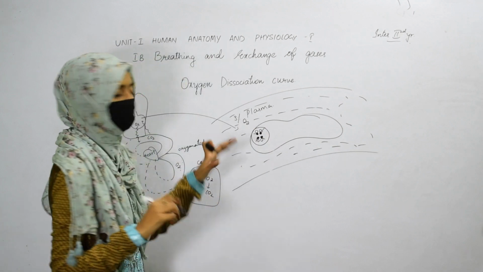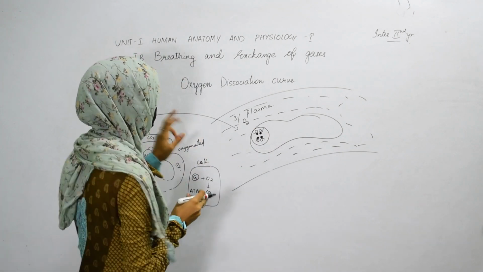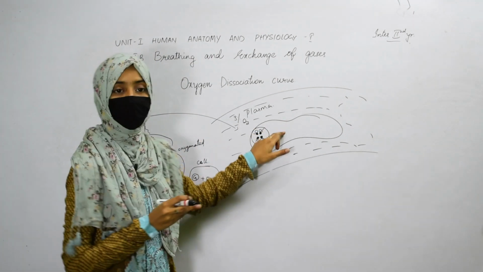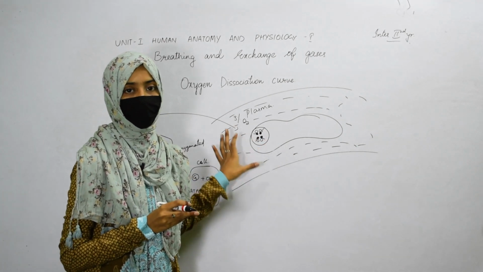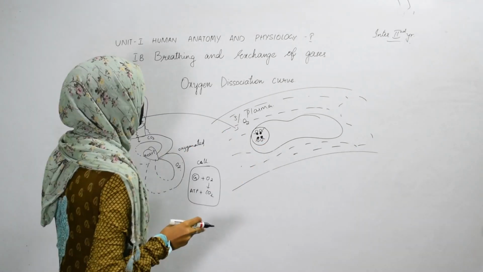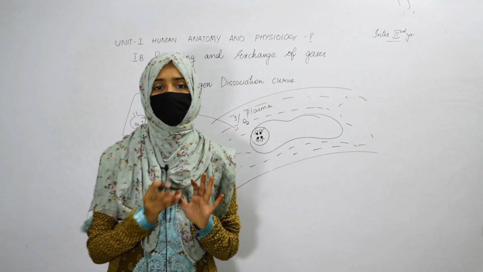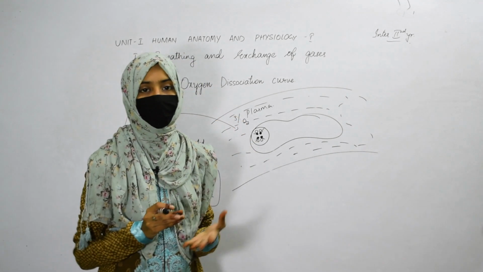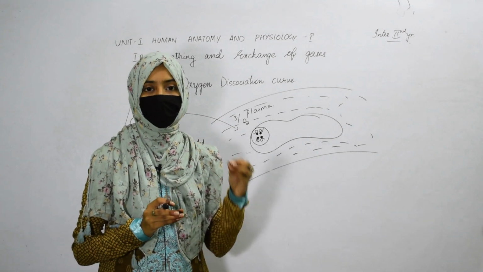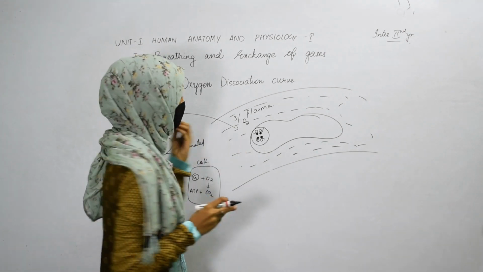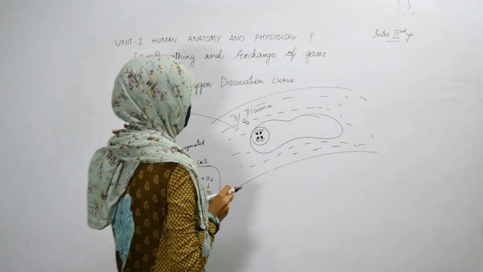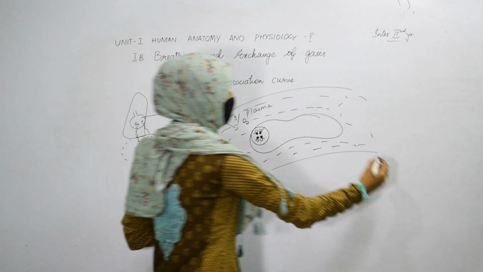So in this way, the binding of oxygen to the hemoglobin takes place in the red blood cells of our blood vessel. Now once the oxygen binds to the hemoglobin, it would not let the oxygen go. It would not let the oxygen release from its structure, from the heme group. But here the cell is present.